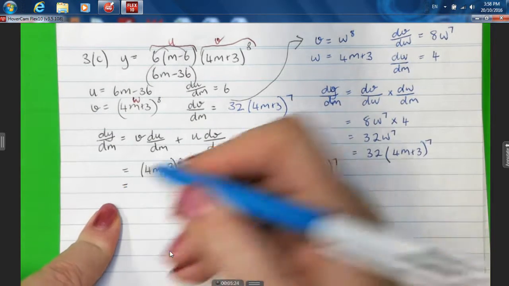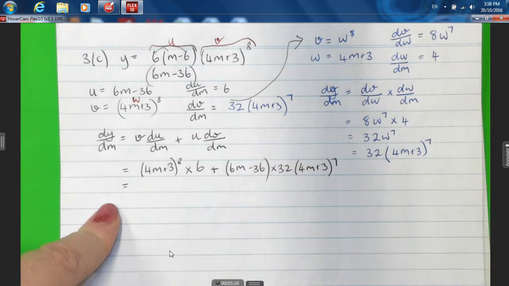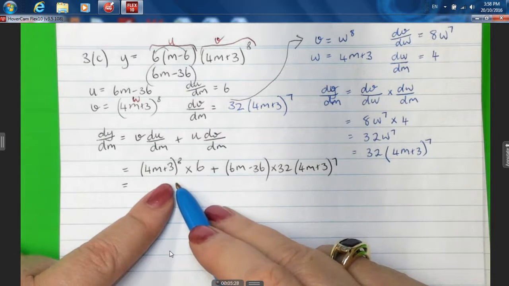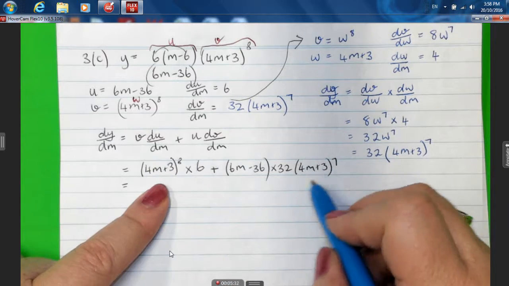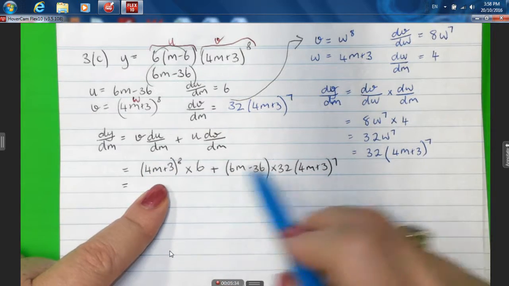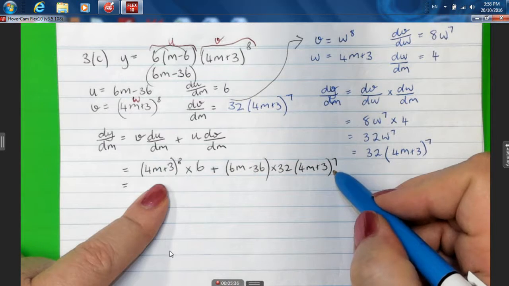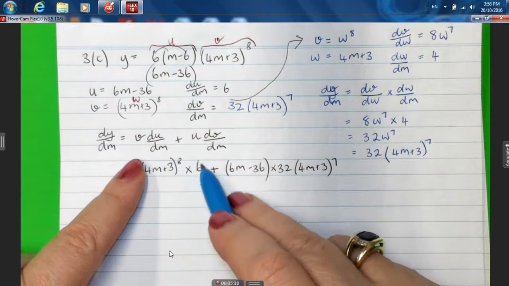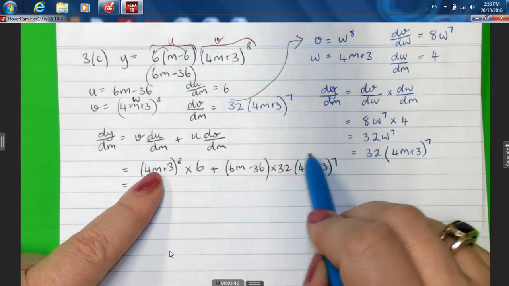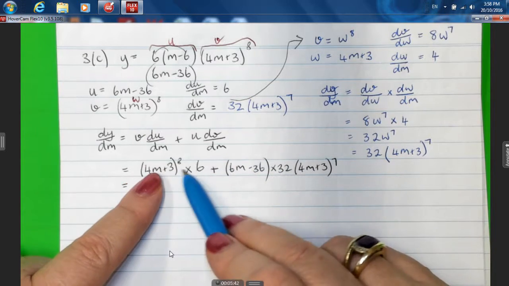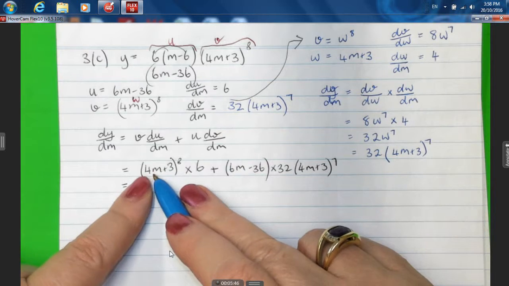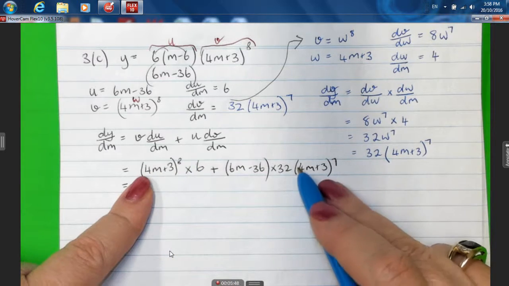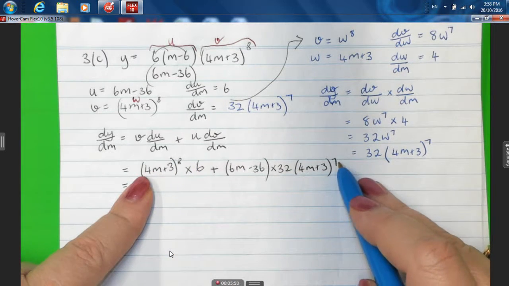And now it's all a case of tidying. Every time you do a product rule that has a chain rule in it, you will have that inner function to a certain power. You'll have that as a common factor, because here's a term, plus, and here's another term. So anything that's in common with this term and this term, we're going to factorise out. So we've got 4m plus 3 to the 8, and over here we've got 4m plus 3 to the 7.